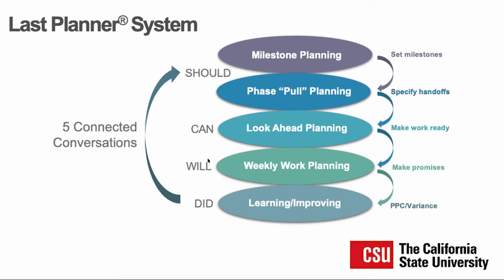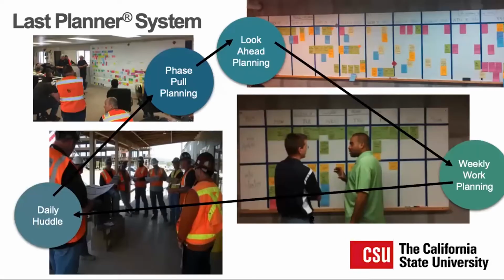So those are both elements of the Last Planner system. The other 2 being weekly work planning, and then what a lot of people forget, the learning and improving. So how do we end up getting better as we move through the project? Nothing worse than having Groundhog Day 6 months into the project for the same issues that have been bugging the project all along.